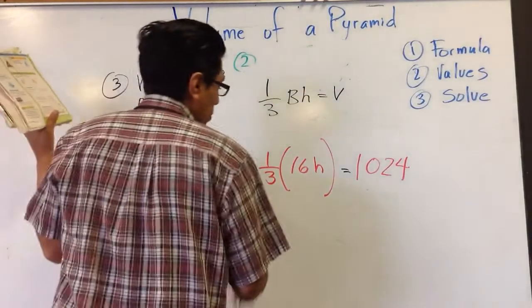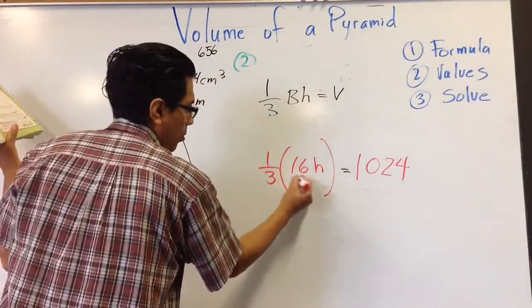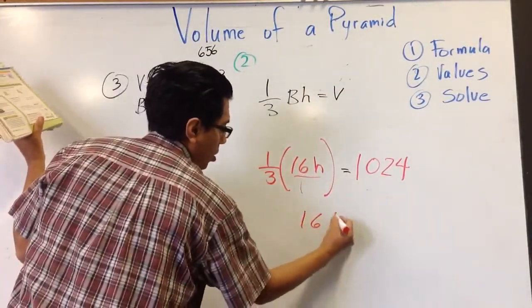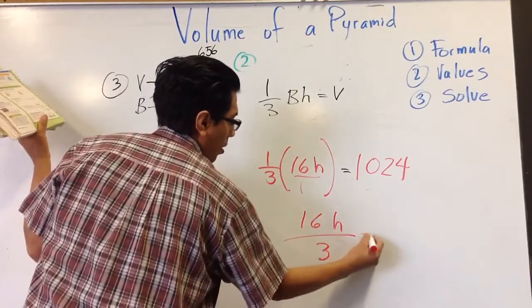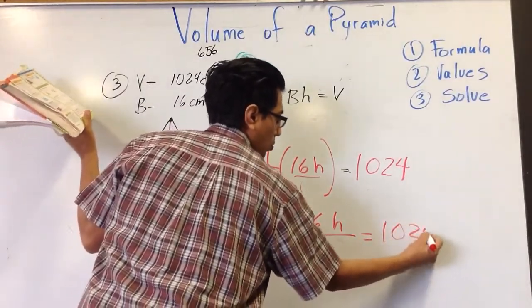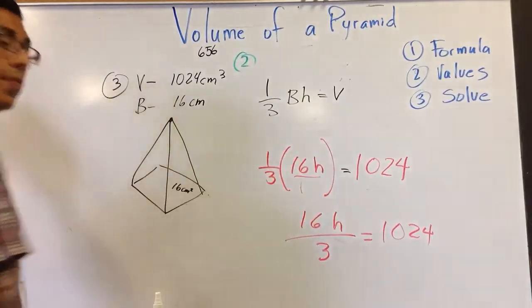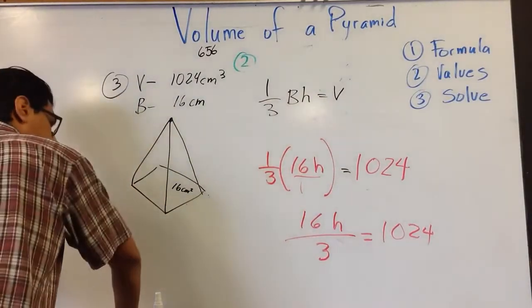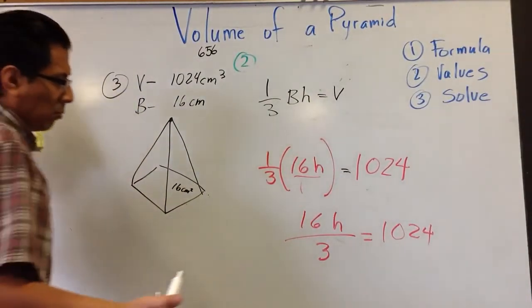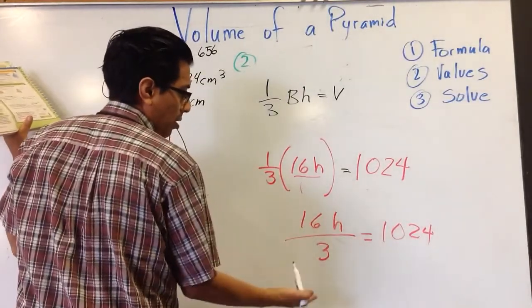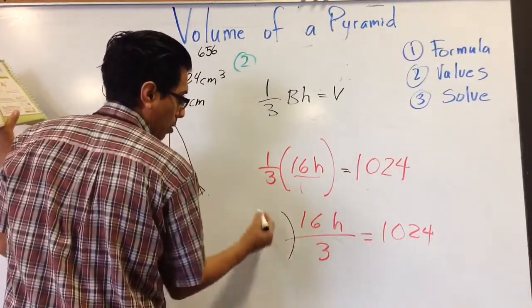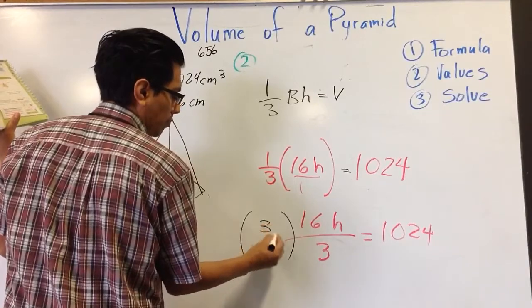All right. So what's 1/3 of that? Well, let's just put a 1 there. So now I have 16h over 3 equals 1,024. All right, how do I solve that? Well, if I'm multiplying by 16/3, then I would use the reciprocal.